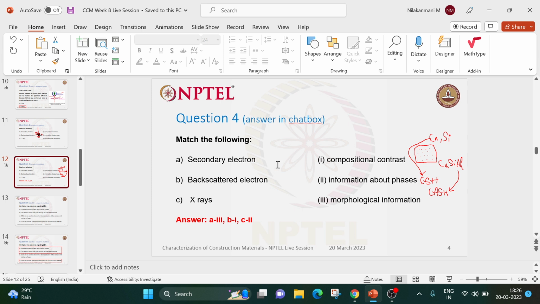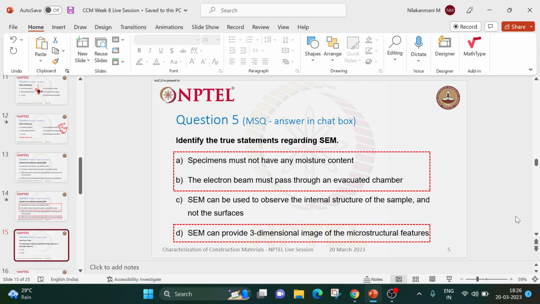You get to know the presence of certain elements using EDX, so we'll get to know about the phases. If they had given only elemental composition, then you could say it's X-rays. But when it comes to compositional contrast, it's backscatter electron. Okay, now let's move to the next question.